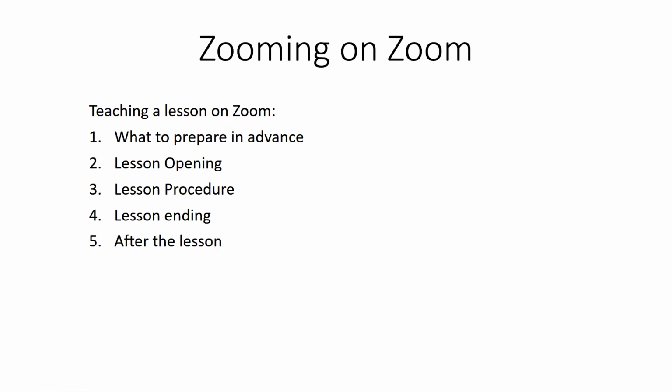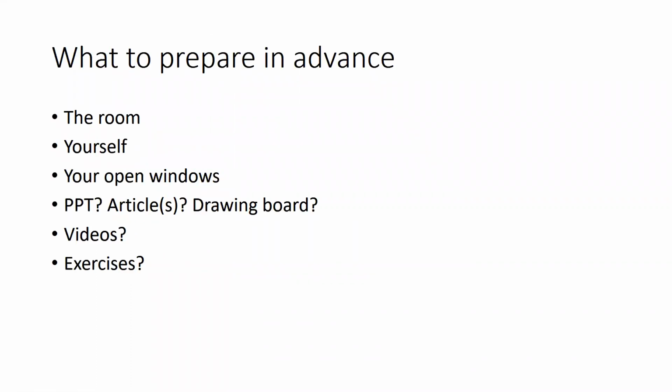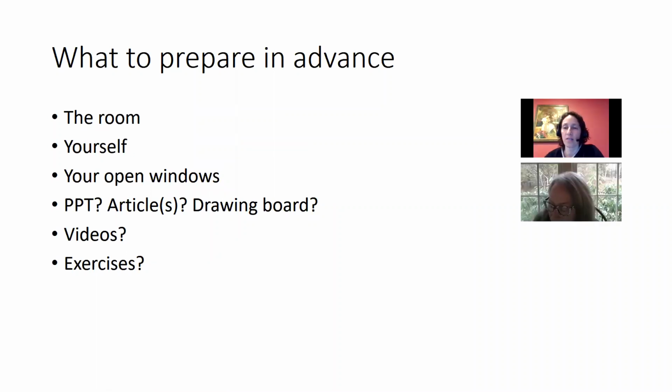Okay, so how to prepare for the lesson. First thing, prepare the room. As an example, you can see that I'm sitting in a room and there's some sort of a painting behind me. I have a different room where I sometimes work, and it has less of an appealing look, I guess.